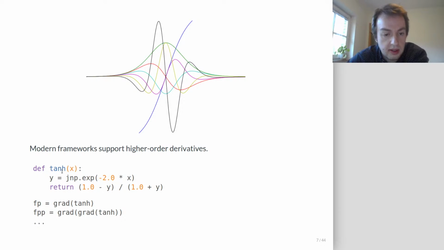But another thing that I can do is to take the derivative of this derivative. So I could call grad again on the output of the grad function. So that would compute the second order derivative. And so this now FPP would correspond to a Python function, which I can use at any value of x.